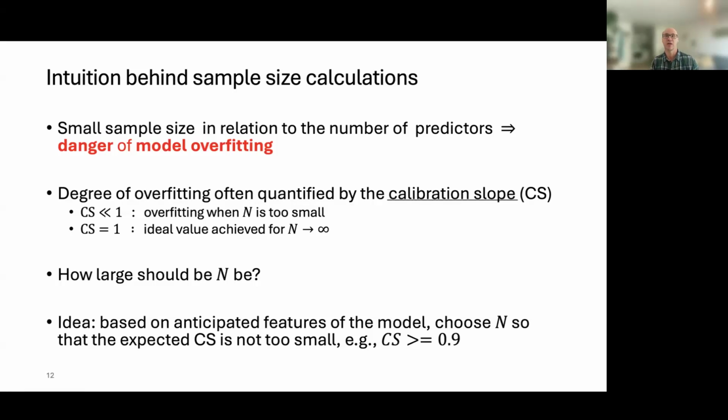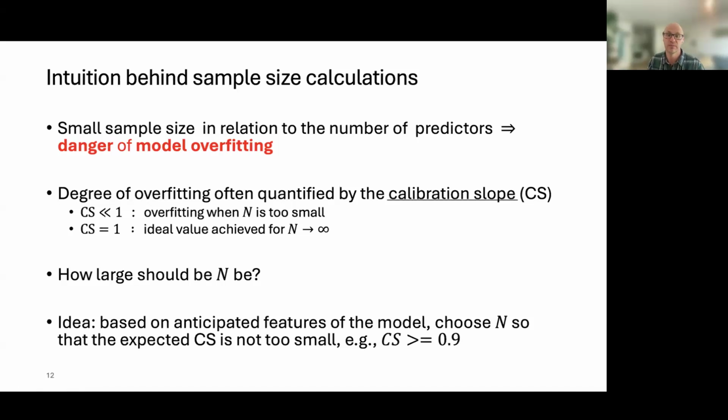So the idea here is that having a smaller size would lead us to a calibration slope less than 1 and an overfitted model. But on the other hand, I cannot get an infinite sample size. So how large should my sample size be?